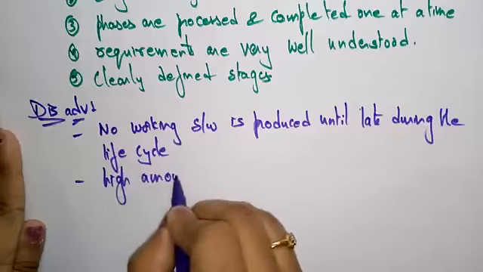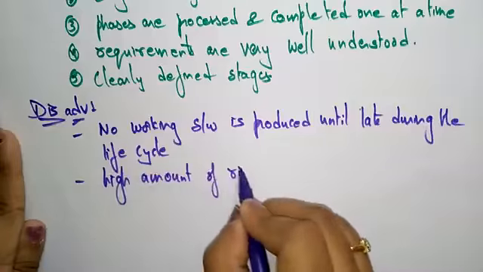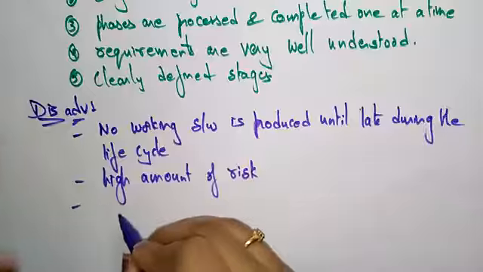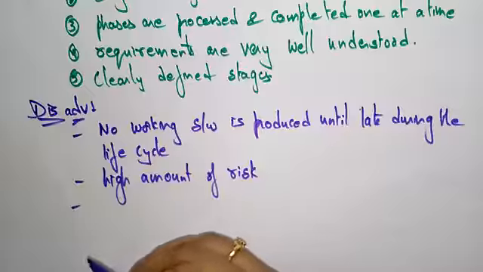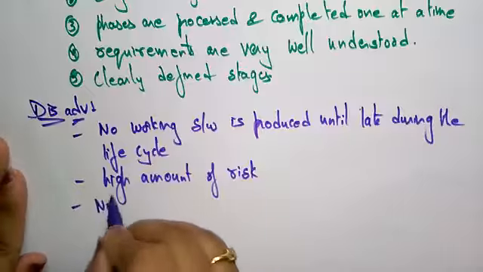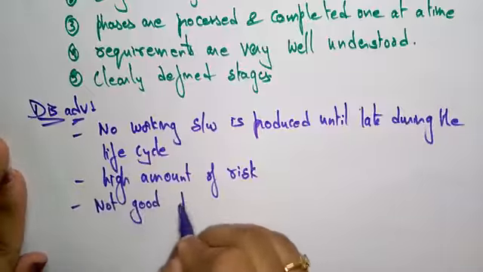High amount of risk and uncertainty will be there in the waterfall model, and it is not a good model for complex and object oriented programs.